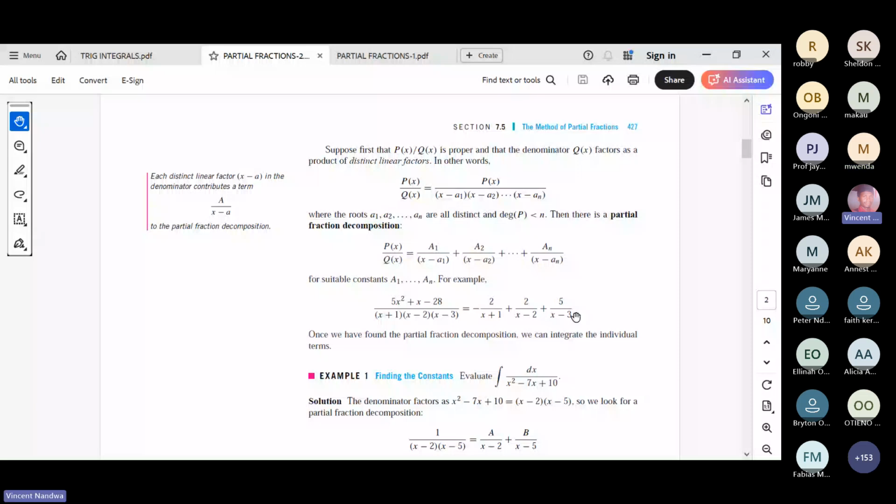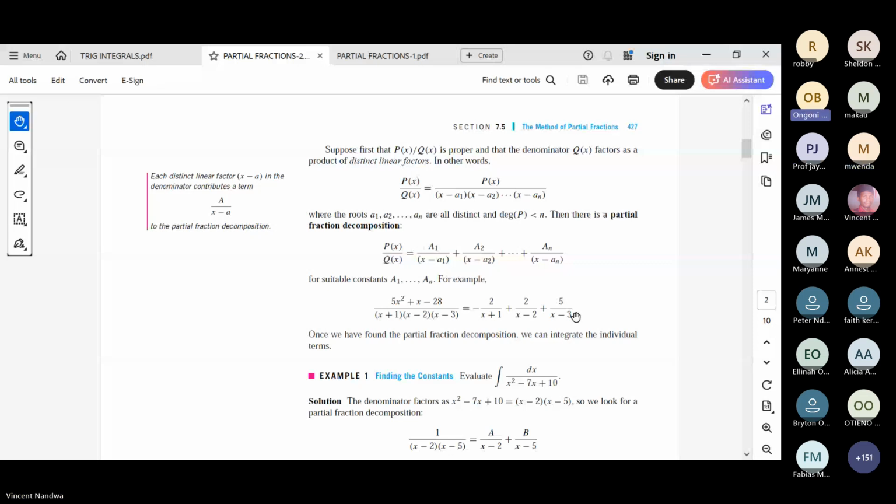The final answer for the integral of minus 2 over x plus 1, after you do the U substitution and everything? Minus 2 ln x plus 1. Correct. Are you getting that the answer for the first part will be minus 2 ln of x plus 1?